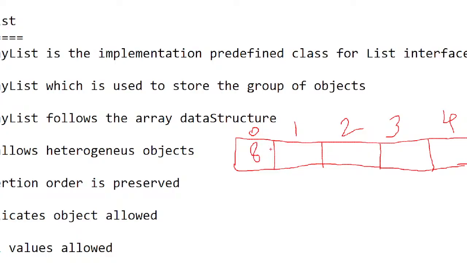These are the values: 80, 90, 200, 400, and 600. So the values are stored based on the index positions, and it follows the array data structure.